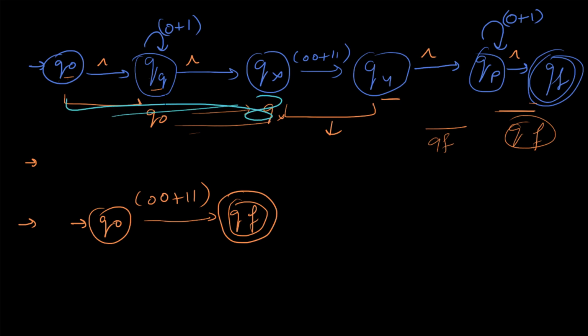These three states merged into one because of these null symbols, and what we are missing is the very own 0 plus 1 part and the very own 0 plus 1 part.